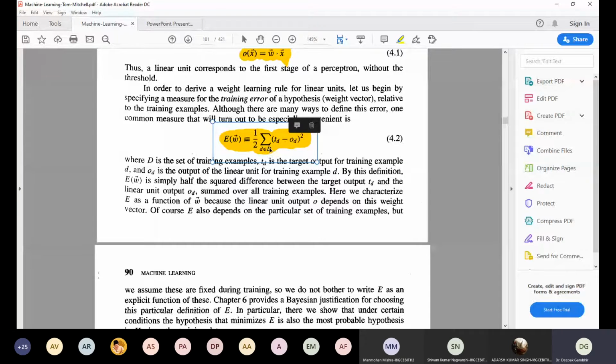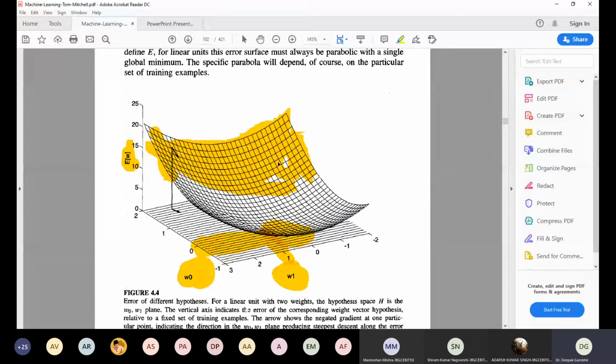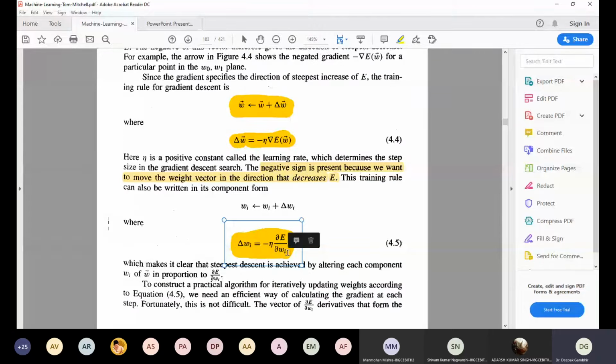Then we get the change in weight as minus eta times the derivative of the error with respect to weight wi, for a particular input.